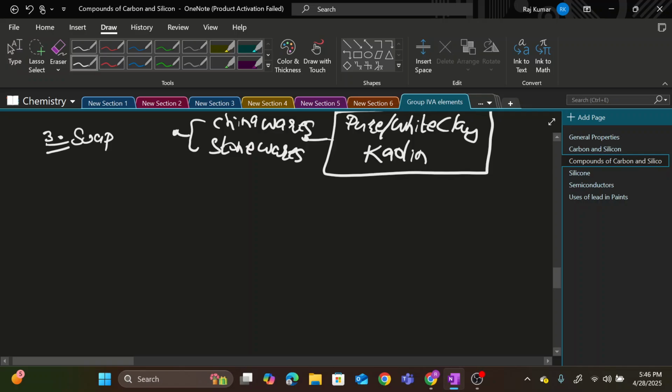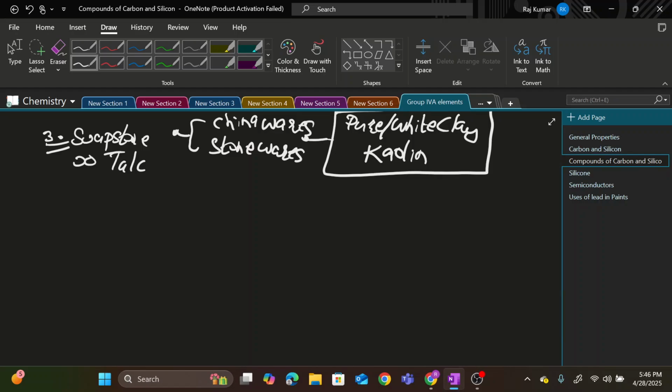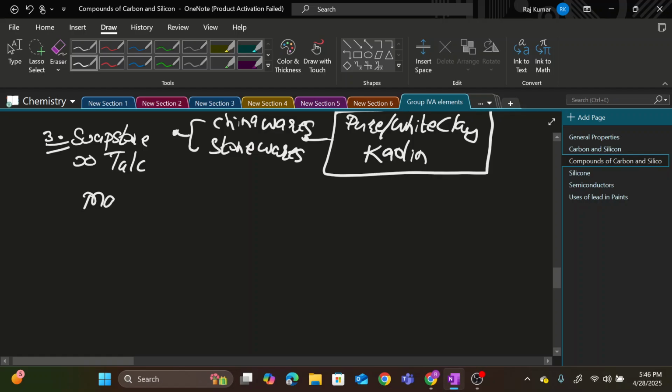soapstone or talc. Soapstone or talc, basically, is magnesium silicate.